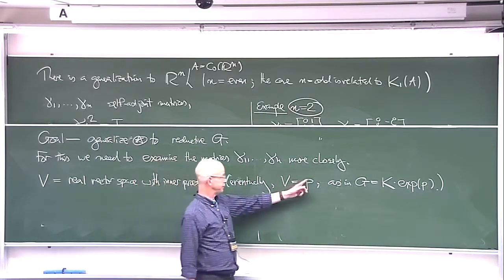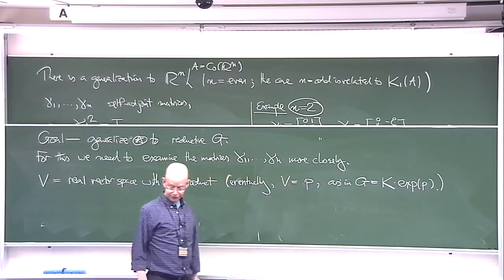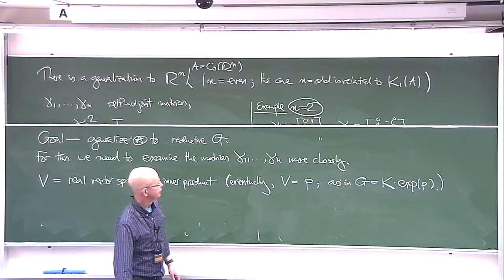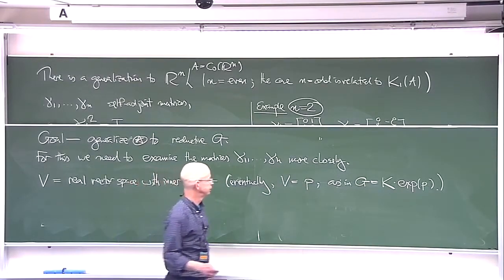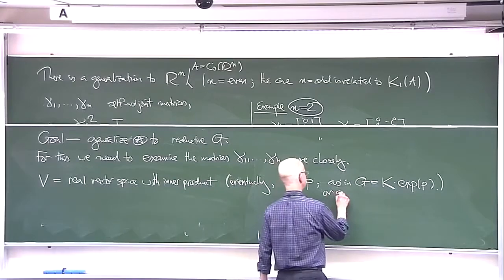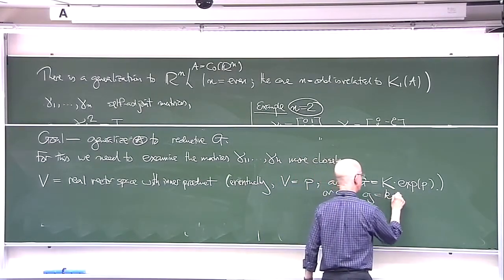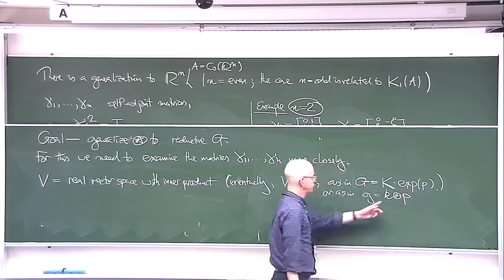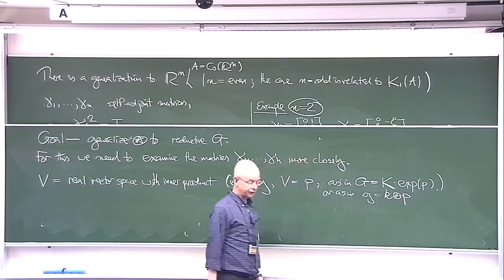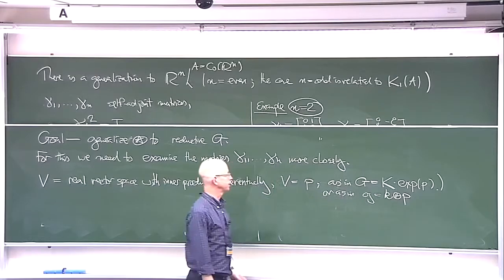This is, if you like, the symmetric part, the vector space of symmetric matrices in the Lie algebra of G. This is the skew-symmetric plus symmetric matrix decomposition of this Lie algebra of matrices.